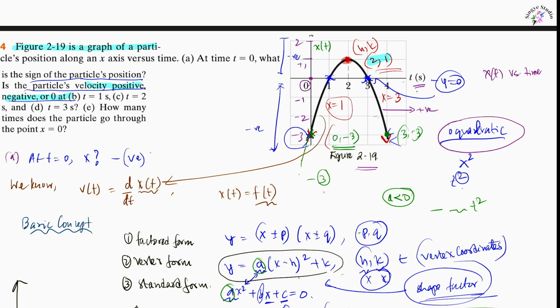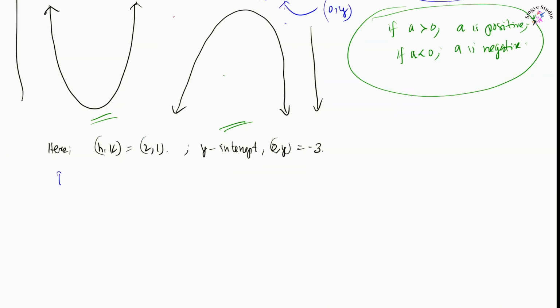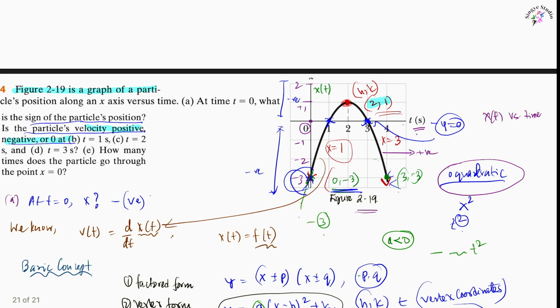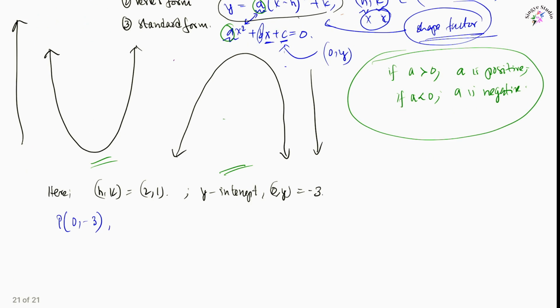And we should also know any exact points through which the curve passes. And in this curve, we know many points. Like here, it passes through (0, 3). Here, it passes through (1, 0). Here, (2, 1). Here, (3, 0). And here, (3, negative 3). So let's use the point (0, negative 3), which is the y-intercept point, okay?